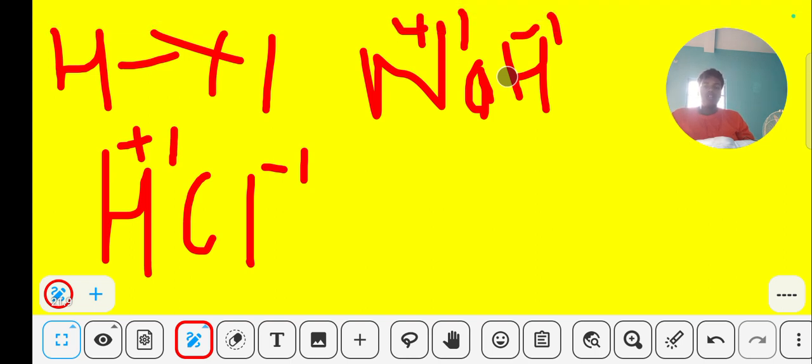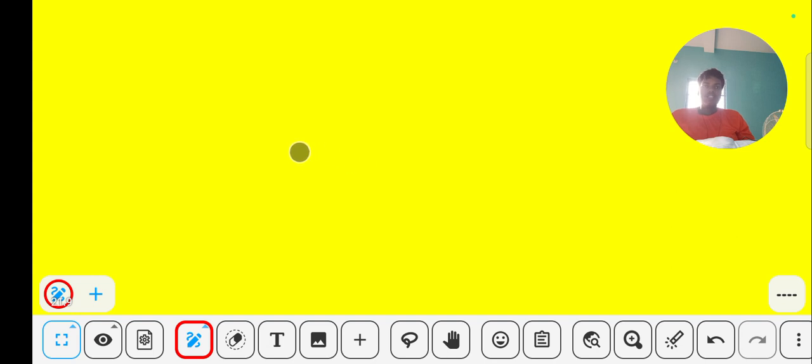Now let's talk about oxygen. As you know, oxygen is present in group 16, and it has 6 electrons in its outermost orbit, so it will gain 2 electrons. So generally oxygen has -2 oxidation number, but there are some exceptions. It is -2 only when it is attached to a less electronegative atom.